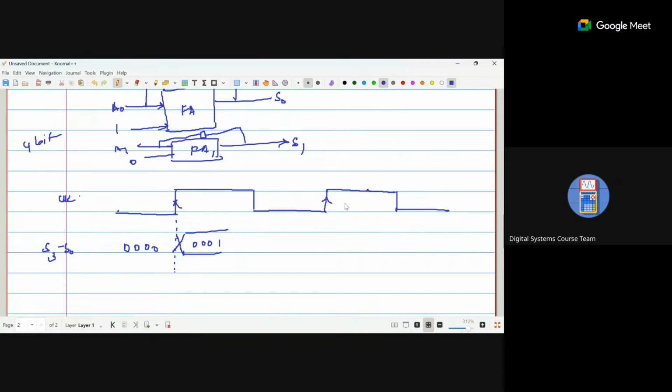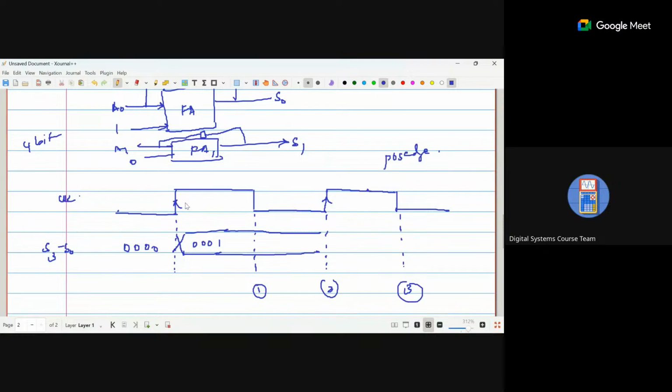Until where will it last? Let's say this line is 1, this line is 2, this line is 3. So till where will this state last? 1, 2, or 3? It will last till 2. Yes. And why? Because if you see here we are taking positive edge.